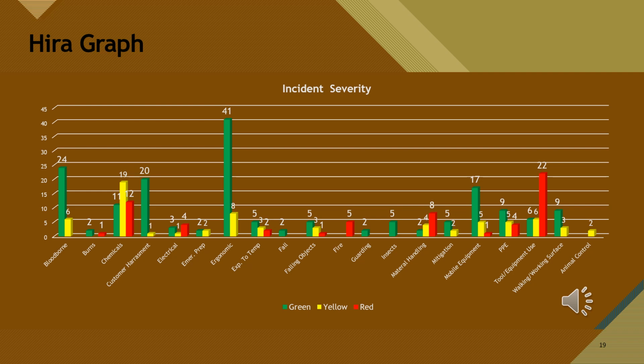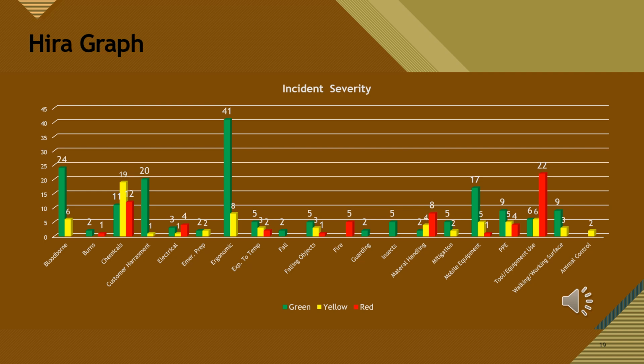And in this graph alone, you can see that with chemicals and with tool/equipment use, there is a lack of training. And that lack of training could make or break this company, because there is no need for your employees to have such a high incident count where there are intolerable situations in tool/equipment use.